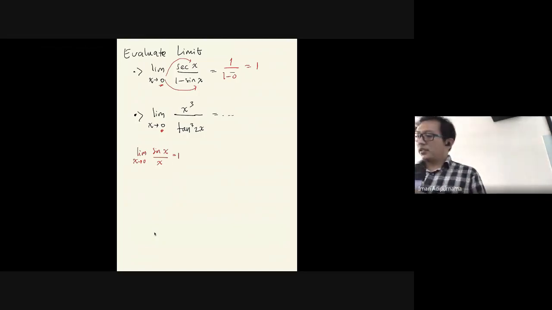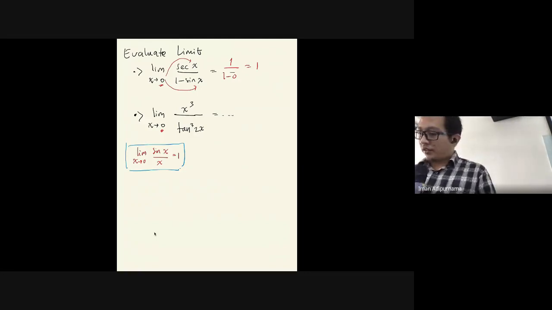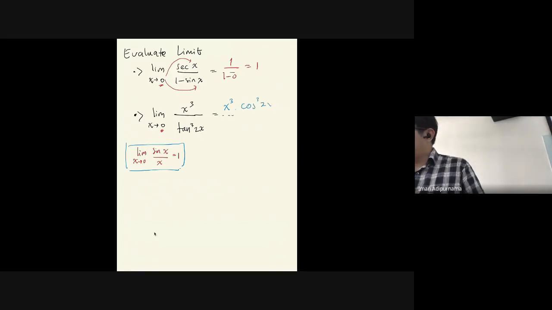The second question, I gave you the clue: remember that the limit as x approaches 0 of sine x over x is 1. This is from our previous proof. So let me write the step-by-step x cube and tangent cube here. Let me write the x cube, and for the tangent I will use sine over cos to change the form. So cos will be here, and sine will be here.